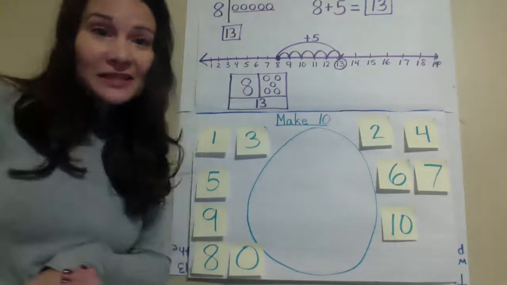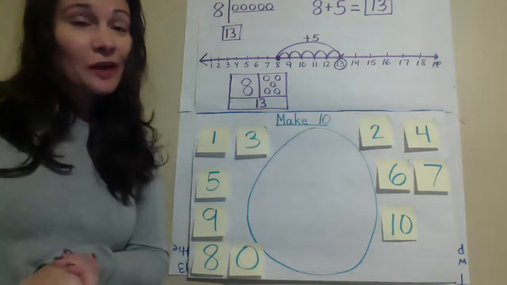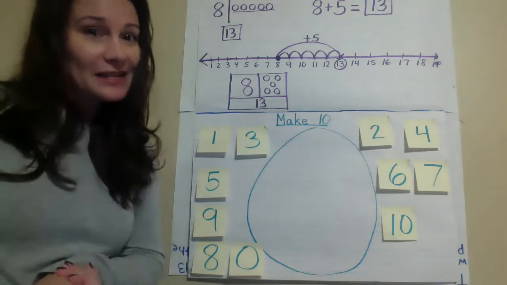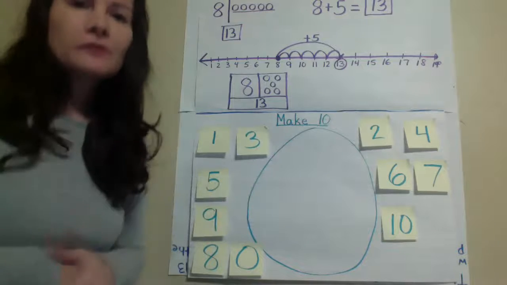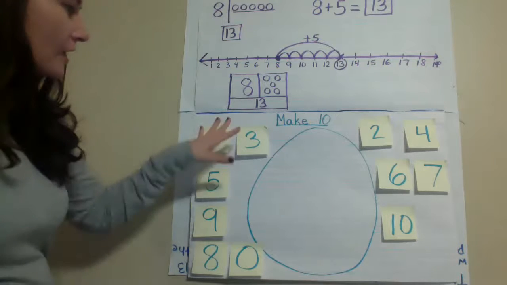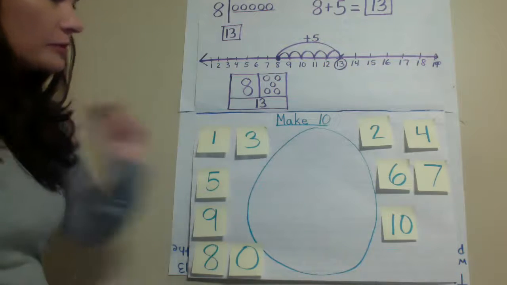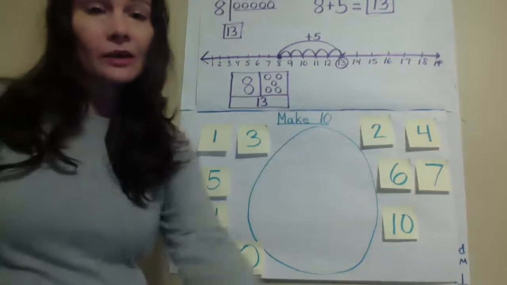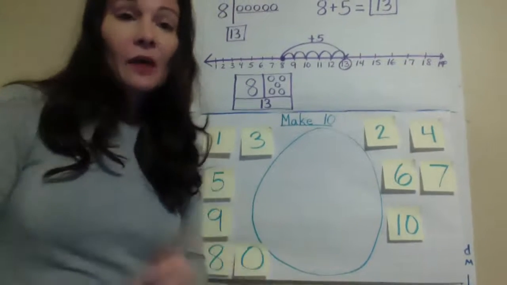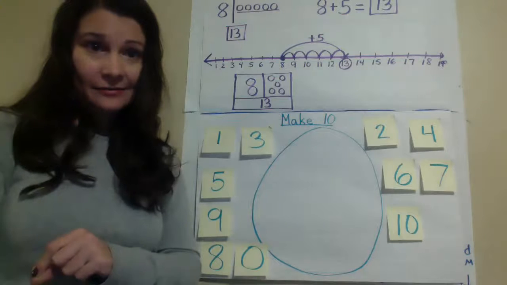Great job, mathematicians. I see that you've come up with a lot of ways to make 10. So here I have a chart that's going to help us review. I've got numbers all the way from 0 to 10. Your job is to help me create number partners that will help make 10. Are you ready?